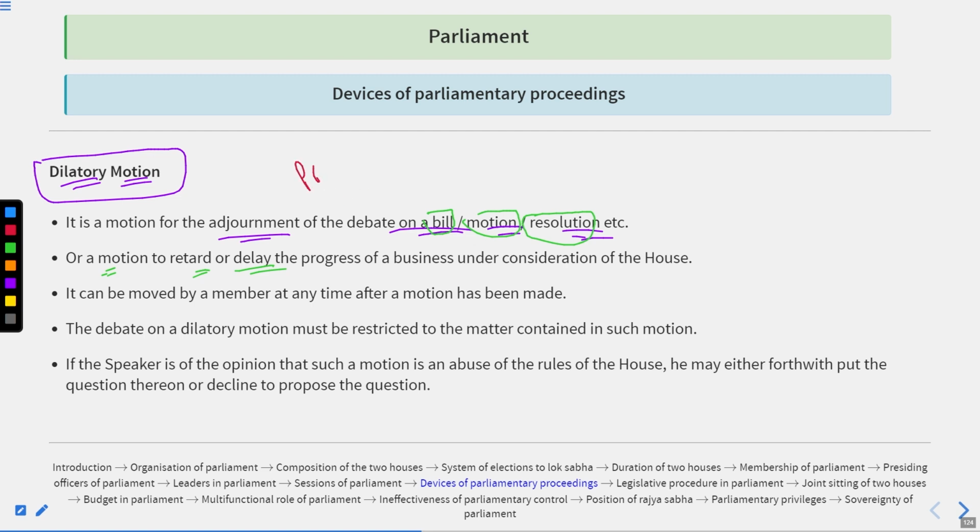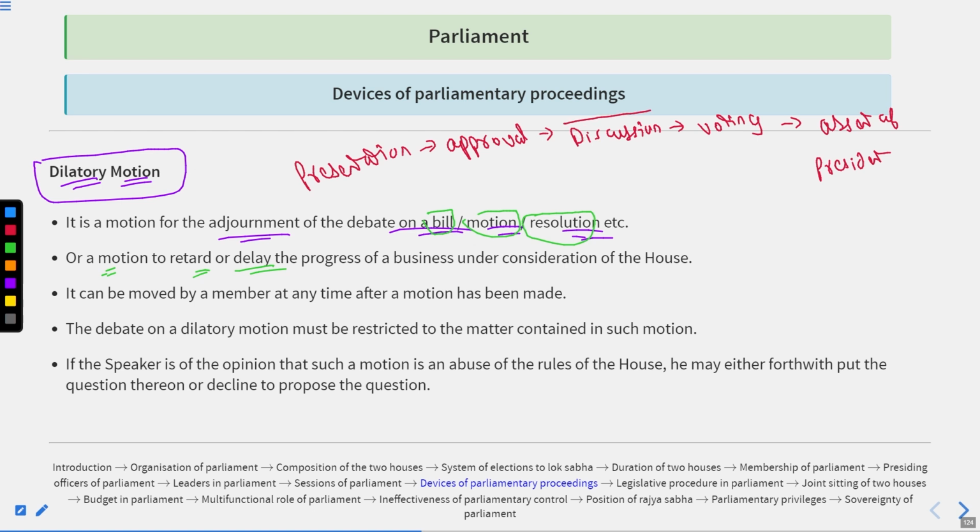Because we know first the presentation will be there, thereafter approval would be granted, thereafter discussion would be there, thereafter voting would be there, and then the assent of the president is required.